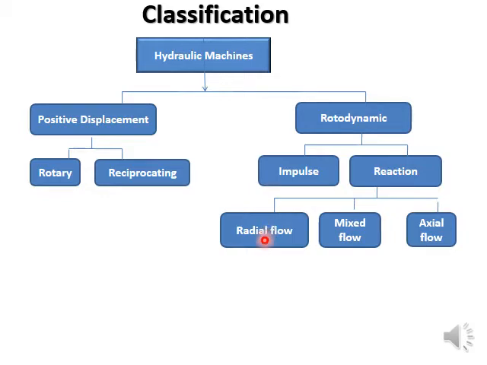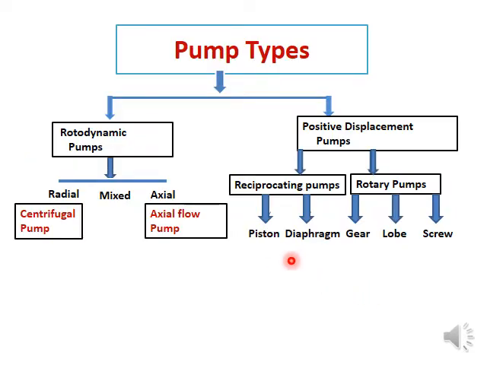Now let us see the difference between these three types of reaction flow machines. Now when it comes to pumps, the rotodynamic pumps can be classified again into radial flow pumps, axial flow pumps, or mixed flow pumps.